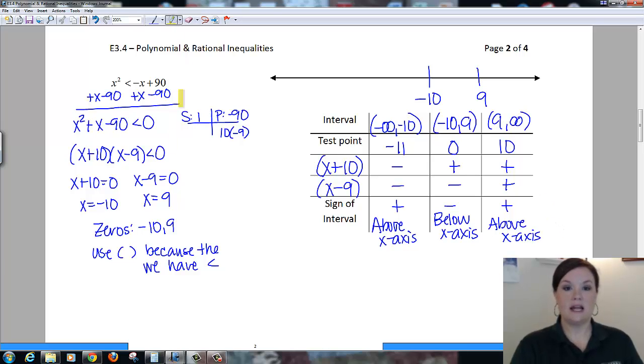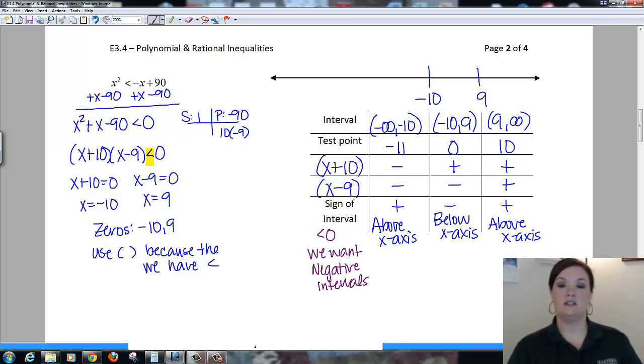Again, I look back at my symbol. My symbol was a less than. Since we have a less than 0, this means we want the negative intervals, or the intervals that are below the x-axis.